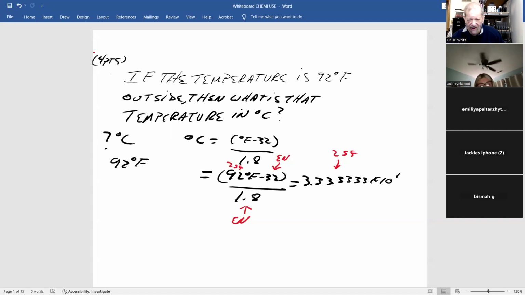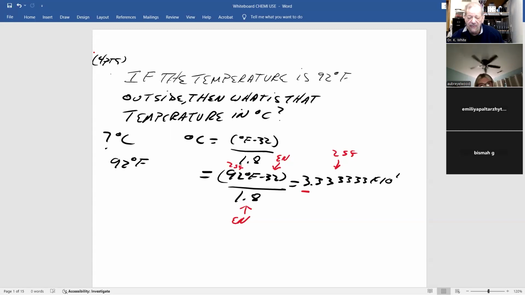So to round it off, I will keep the 3. That's my 2 significant figures. The next one I use to round off, and I use my double squiggly line, is 3. And when it's 4 or less, you drop that and everything after. If it was 5 or more, you drop everything after that, and the number in front increases by 1.